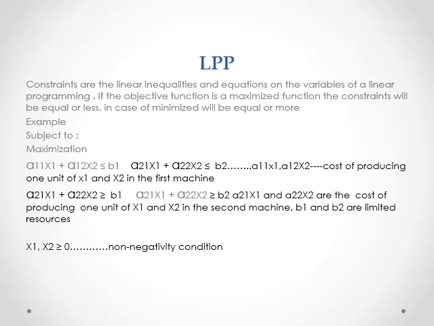A12 is the cost of 1 unit of x2. In the first phase, less or equal P1. P1 is a resources available for phase 1.